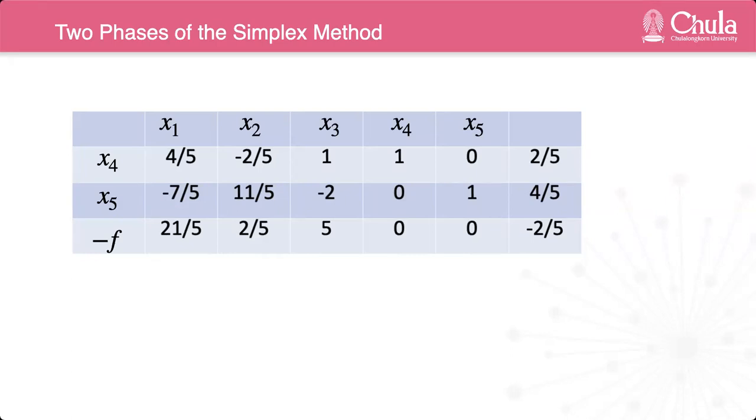Yes, we just finished. Here we have a solution because all the coefficients of the objective function are positive, right? That means we cannot further decrease the objective function, so it's already minimum.